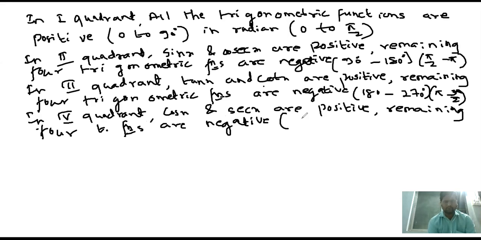In this quadrant the angles are 270 to 360 degrees, and the radian measure is 3 pi by 2 to 2 pi.